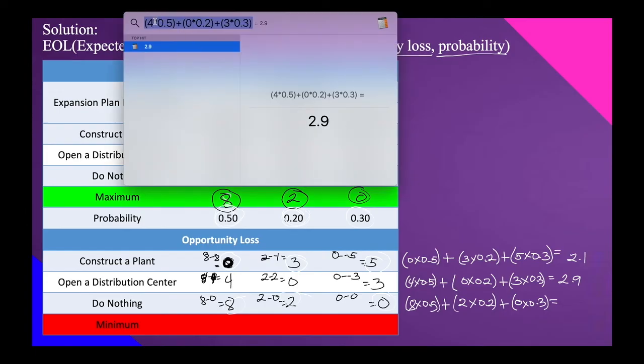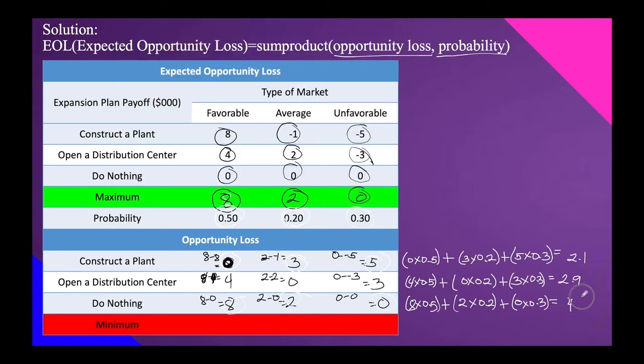Change the 4 into 8, 0 into 2, 3 into 0. So, 8, 2, and 0. Answer is 4.4. So, let's have here 4.4. Okay, now, what will be our next step to do? Actually, tapos na po tayo.